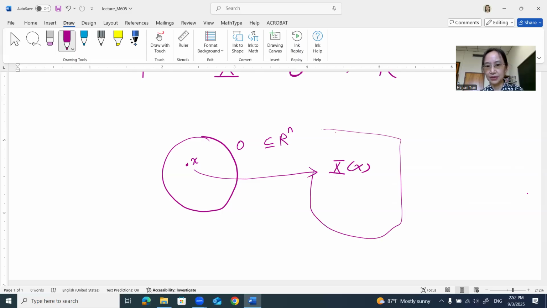So as you can see, the x is a vector in Rn. The image is again a vector in Rn, but this X is just a mapping.